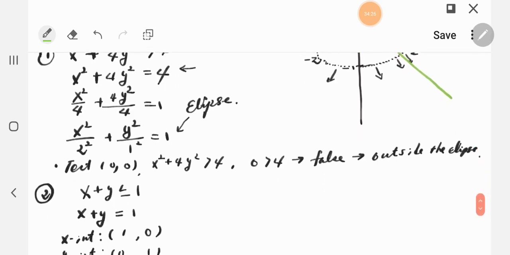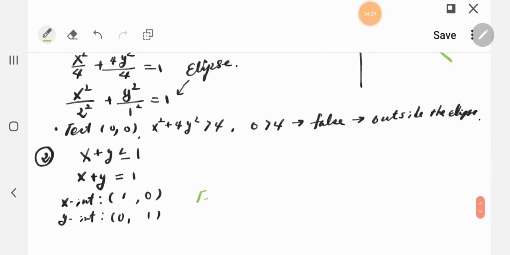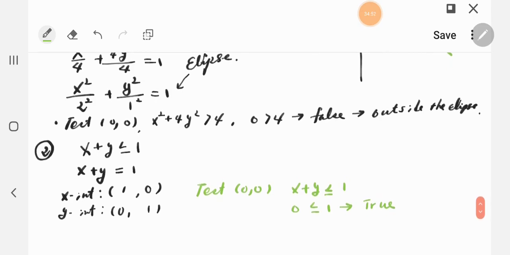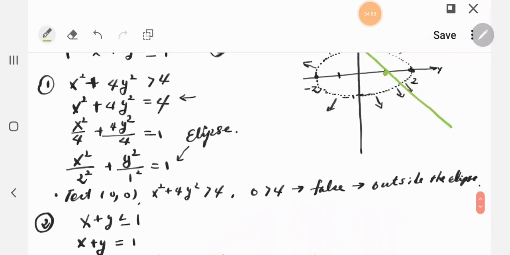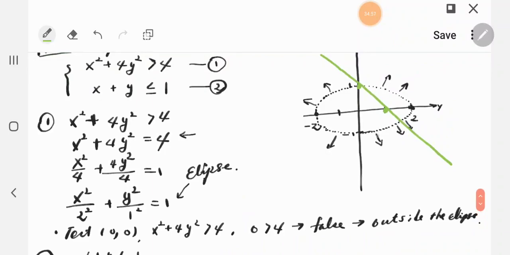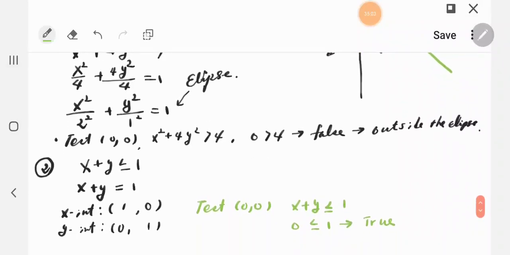And then let's test the point so that we can select the area. Test 0, 0. The inequality is x plus y is less than or equal to 1. So 0 is less than or equal to 1. This is true. So we will select the area that contains 0, 0. Wait a minute, let me double check.